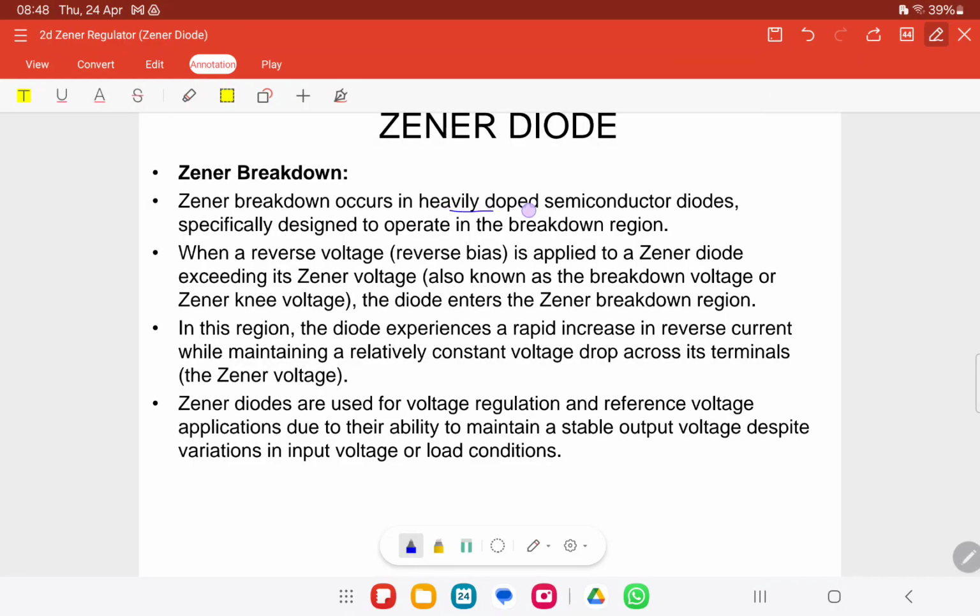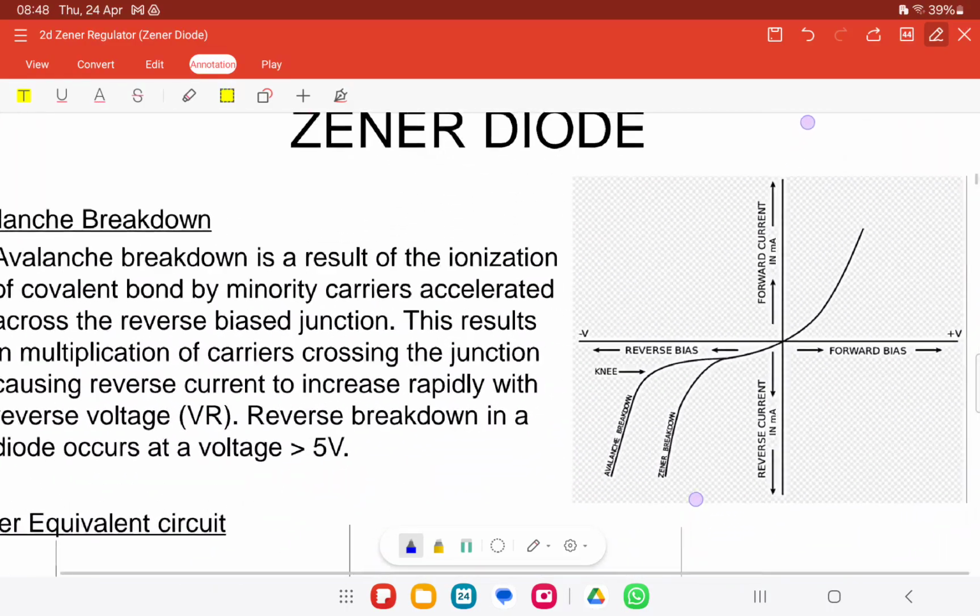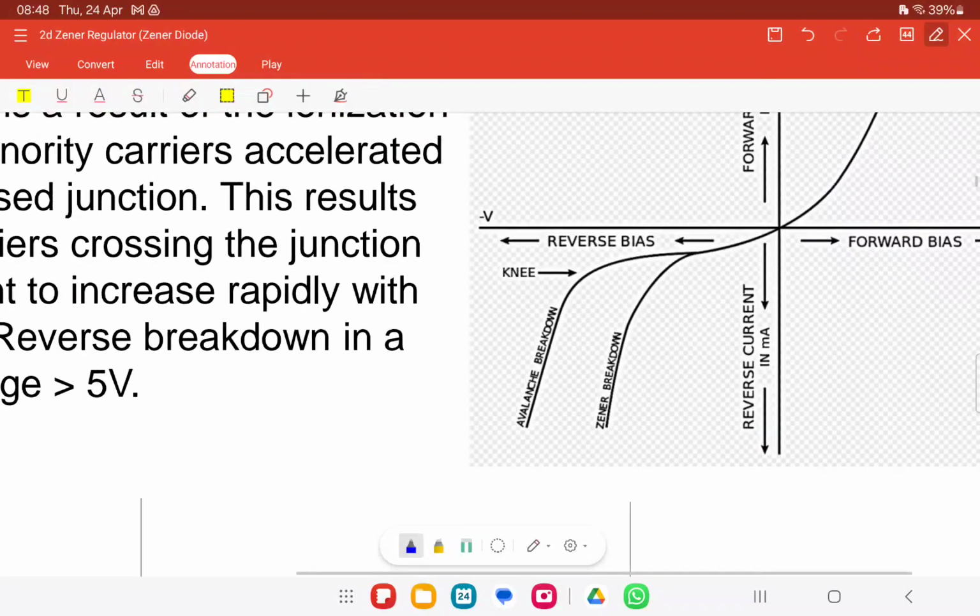We heavily dope the semiconductor. When we add P and N in the semiconductor, automatically they attract from one side to the other side, from the majority carrier in P to the minority carrier in N. For the Zener breakdown, we meet it first, around 5 or so.